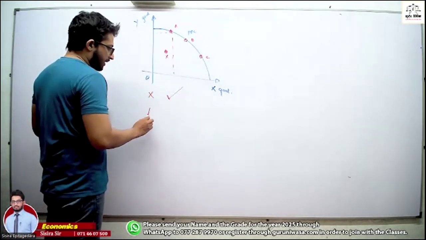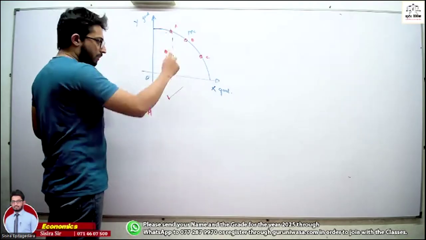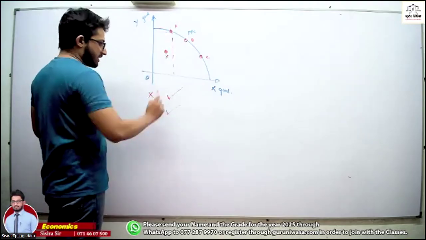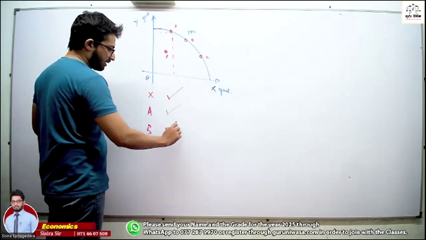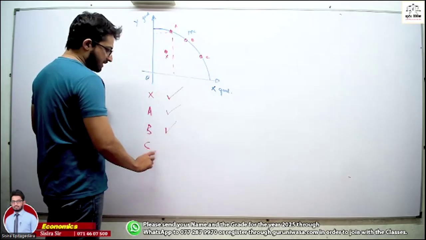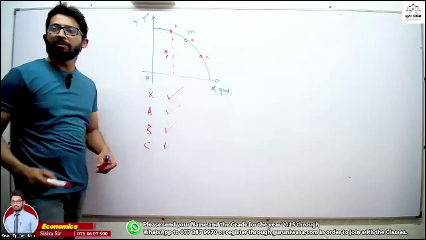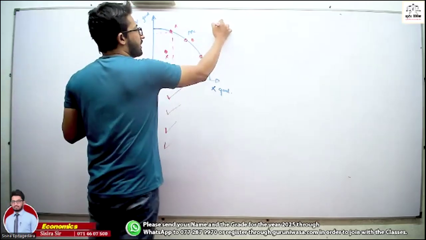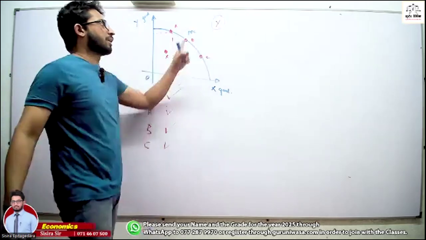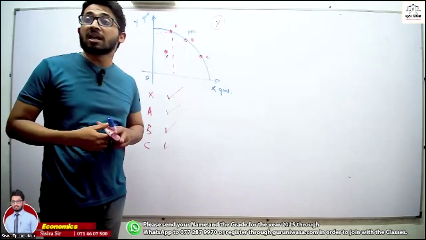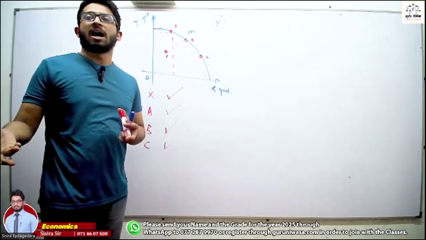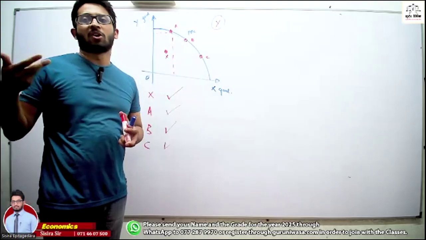The economy can achieve points A and B, which are on the curve. The economy can achieve point C, which is also on the curve. But remember, Lamai, this point Y is outside the curve. This point is unattainable. Unattainable means the economy is not able to achieve it.